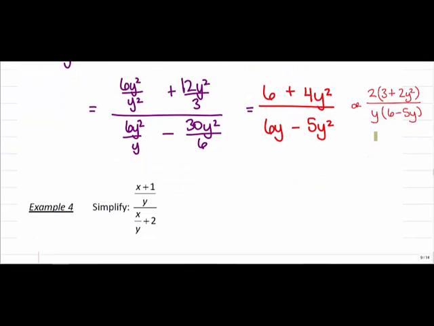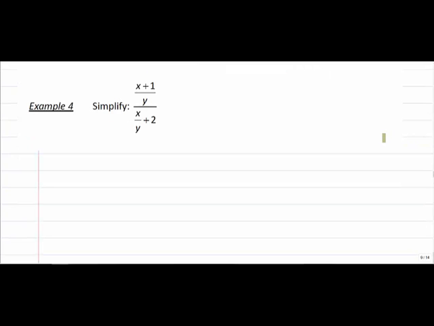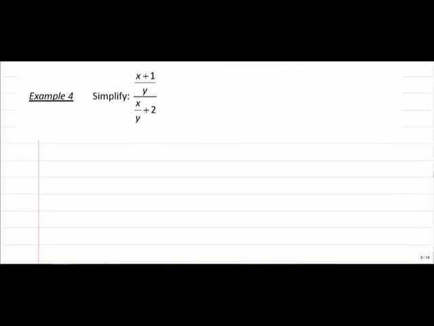All right, last one. I love these because there's only one denominator, right? I mean, this is over 1, but multiplying by 1 is not going to change anything. So since there's only one denominator, then that means my LCD, my least common denominator, is just y. So I'm going to have x plus 1 over y divided by x over y plus 2.